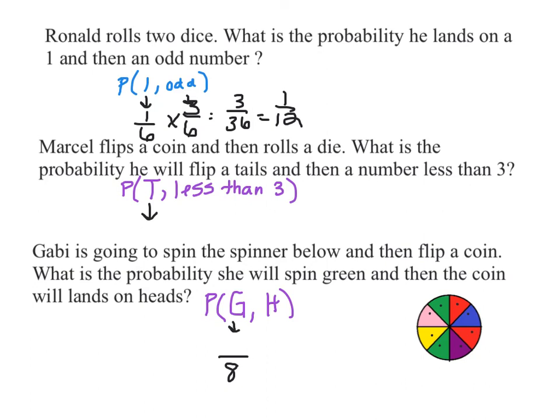There are 2 green wedges, so there are 2 out of 8 chances that you can spin a green. When I flip a coin, the chance I'll land on heads is 1 out of 2. I'm going to multiply those together, and I get 2 out of 16, which can be simplified to 1/8.